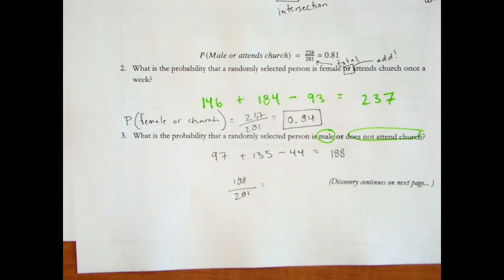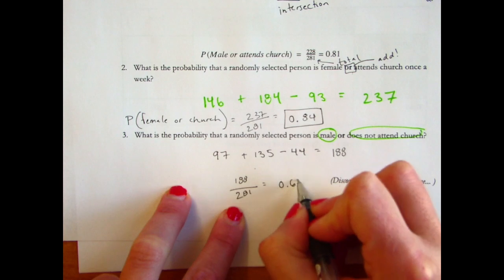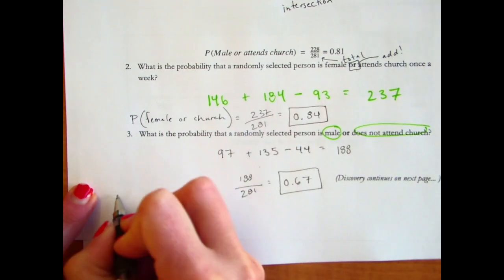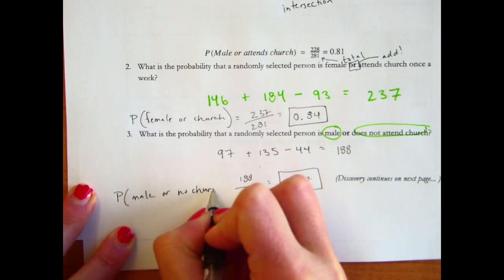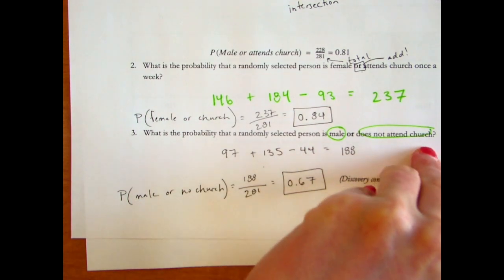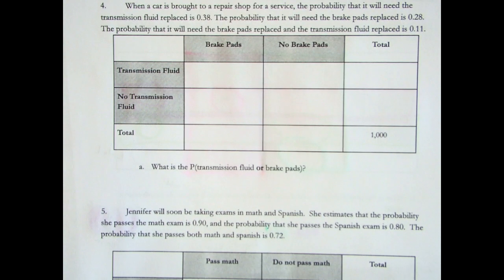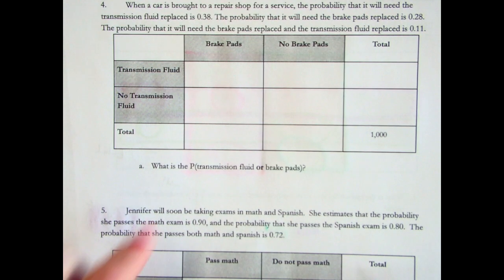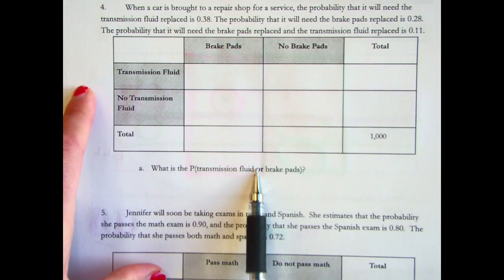All right, so moving on to the next part of the discovery. For 4 and 5, you're going to first fill out the hypothetical table using the information, and then find the probability with the word "or" in it. So let's do 4 together. The total for transmission fluid is going to be 0.38, but I'm going to have to multiply that times 1,000 because I'm working in a hypothetical 1,000 table.